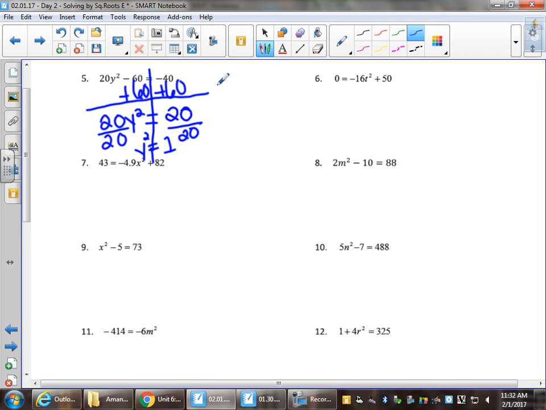I'm going to move this up here since I don't have any more room. Now what am I going to do? Square root. And you're left with y equals what? Y equals plus or minus 1. Always remember the plus or minus.